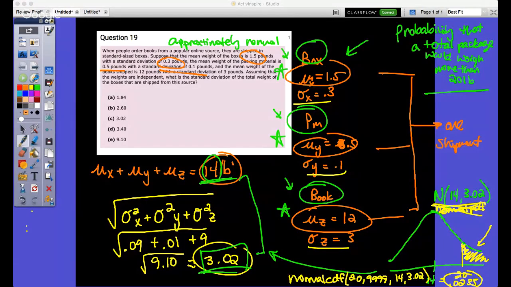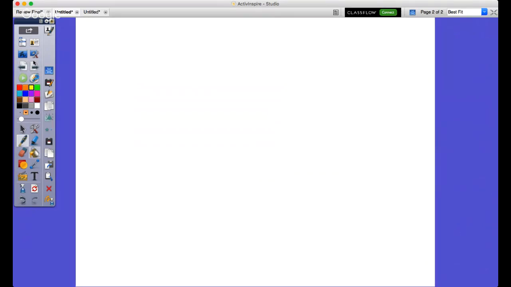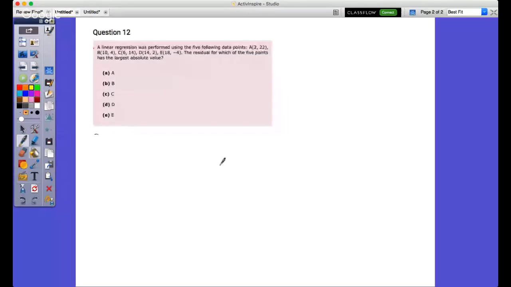By the way, I hope these cumulative tests were a little helpful, just to get reps in. Again, don't memorize the question, just know the processes. That's the big thing. Address the process and go from there. All right, question 12. This was on cumulative test 1. So if you're following me, go right ahead.